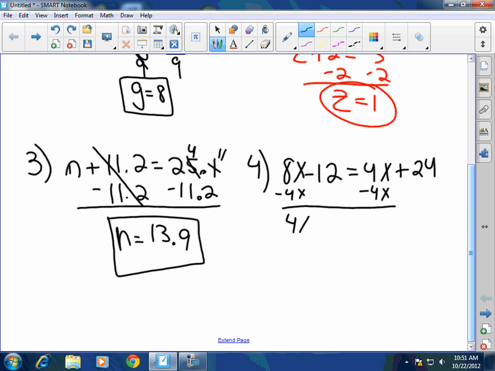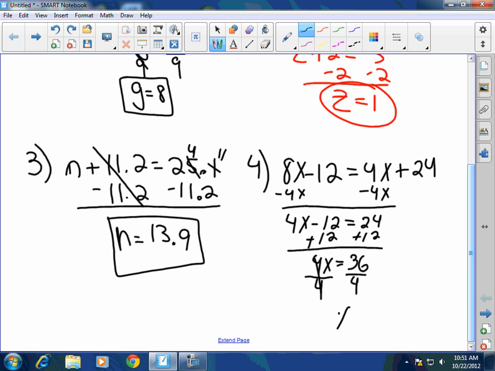That's going to give me 4x minus 12 equals 24, which is now a two-step equation. I'm going to add 12 to both sides. 4x equals 36. The relationship between the 4 and the x is multiplication, so I divide 4 to both sides, so x equals 9. Any questions on these first four that we've done?